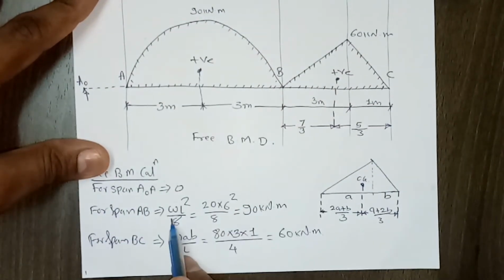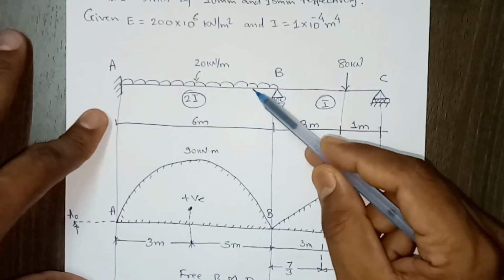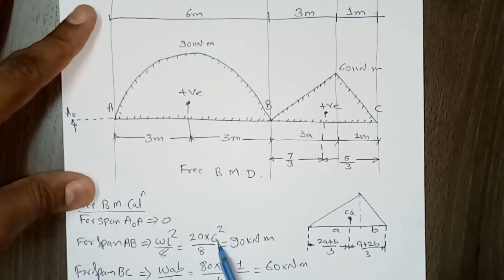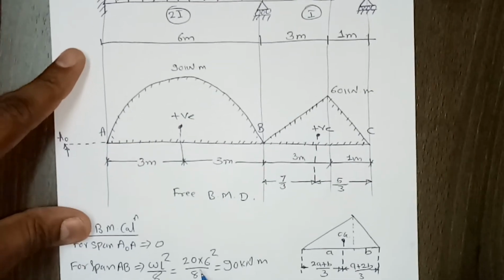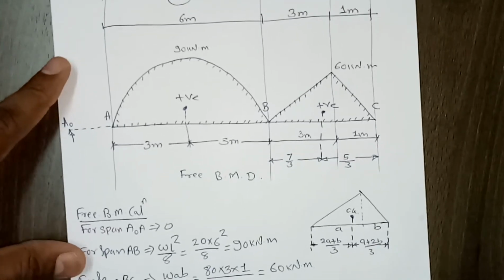For the parabola it is WL square by 8. W is the intensity of the UDL, which is 20, then 6 is the length of the first span. So it is 20 into 6 square by 8, and it comes out to be 90 kilonewton meter.